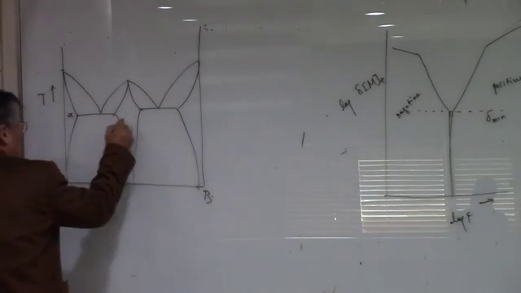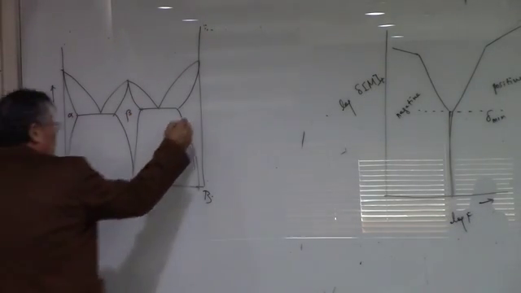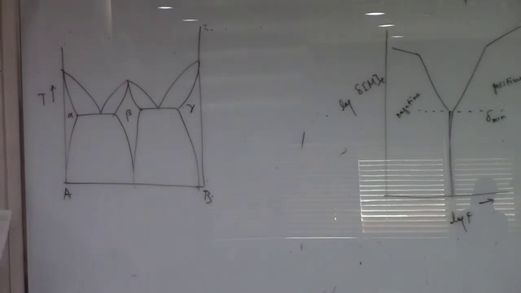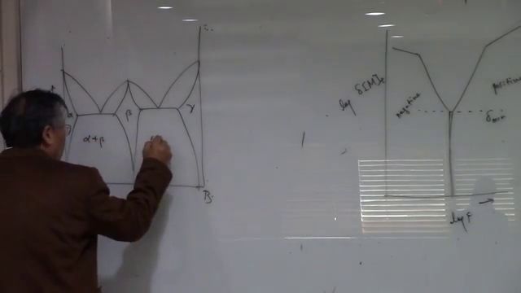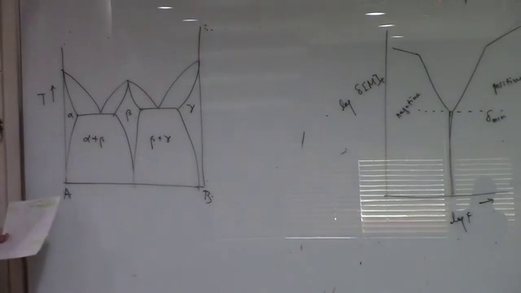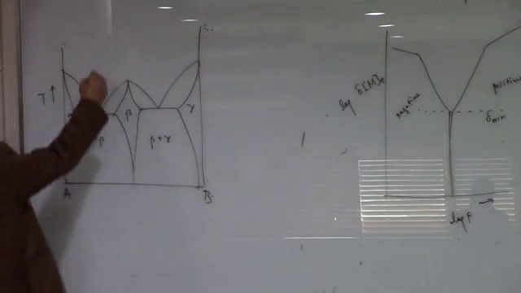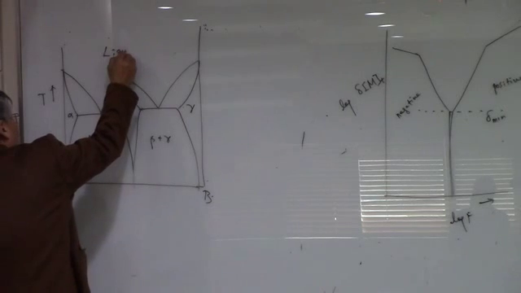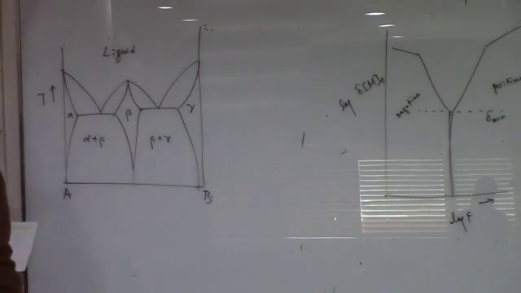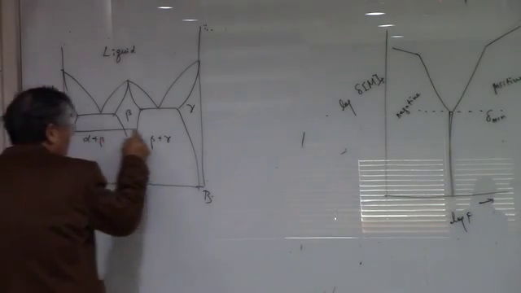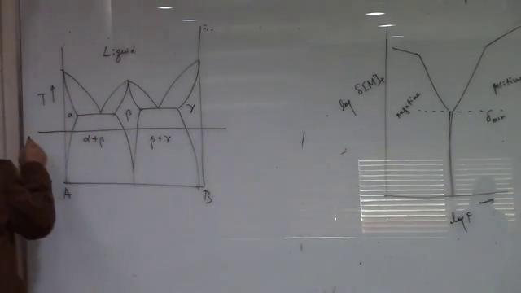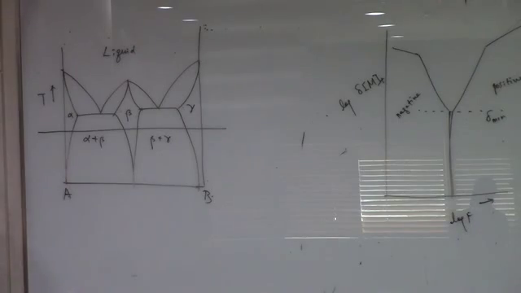If any material has this kind of phase diagram, then we know we have a two-phase region like this, and of course this is a liquid. Okay. And we are working on this sample at this particular temperature.